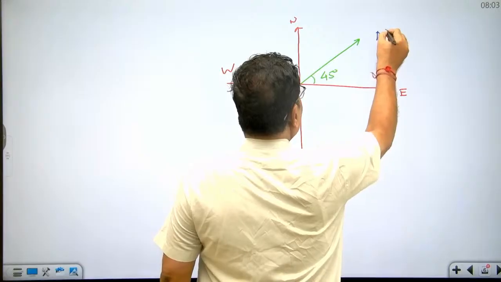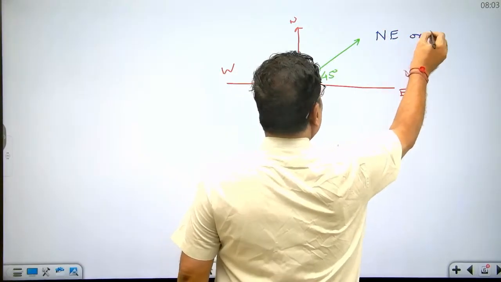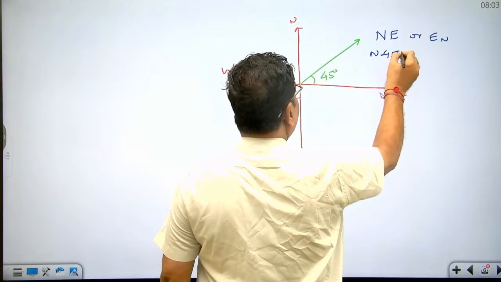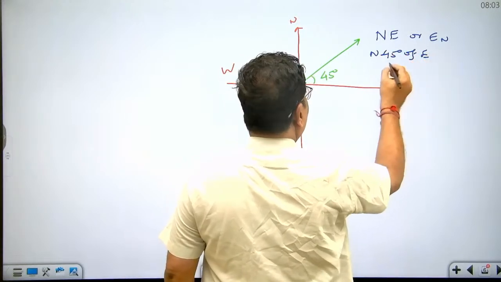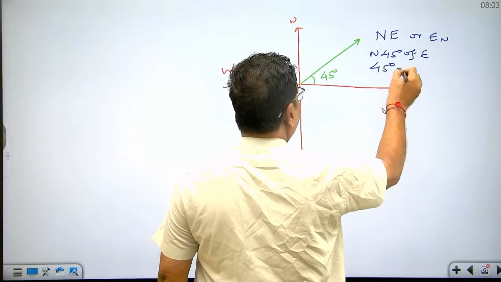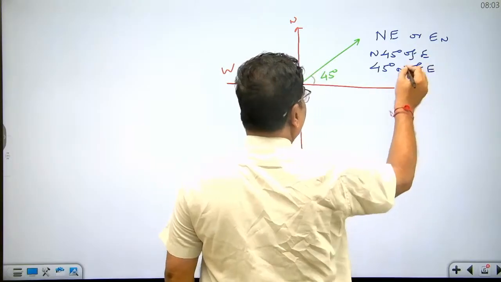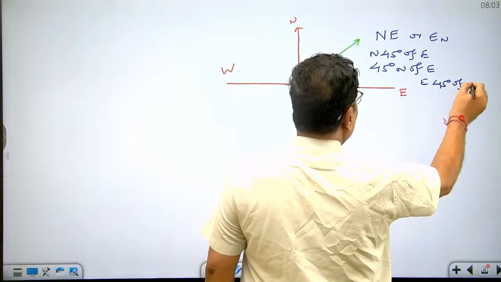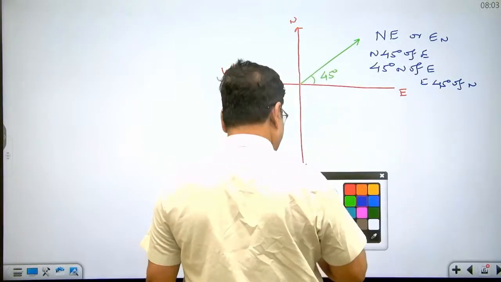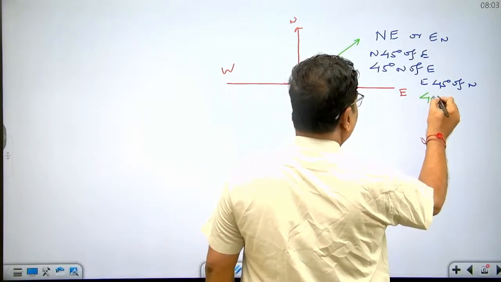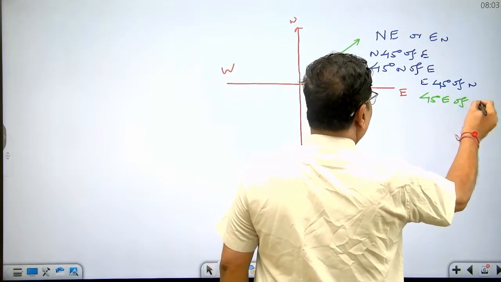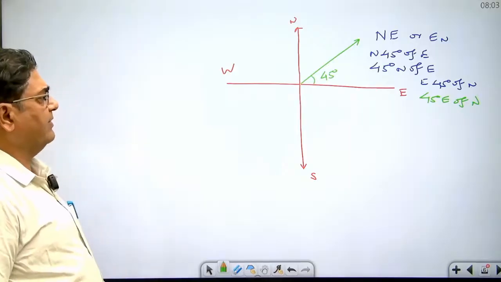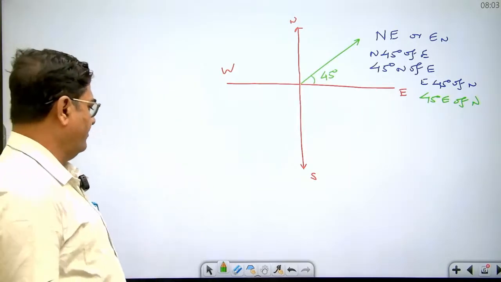Simply you can represent it as northeast, or you can write north 45 degree of east, or 45 degree north of east, or you can write east 45 degree of north, or even 45 degree east of north. Okay, so whenever any vector makes an angle of 45 degrees, you can represent it like this.